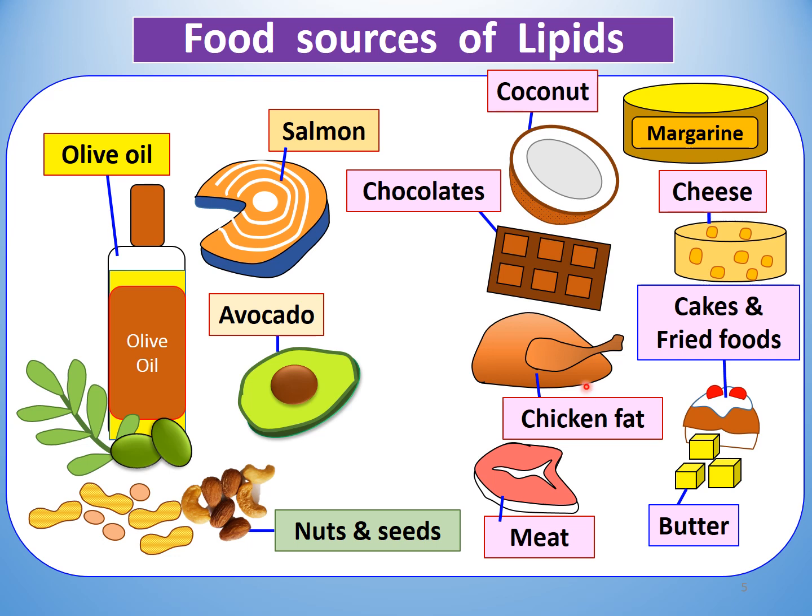But the consumption of the lipids from these sources should be reduced, in order to safeguard one's health from the bad effects of these lipids. Now, cakes and fried foods also have lipids in them: cheese, coconut and margarine.